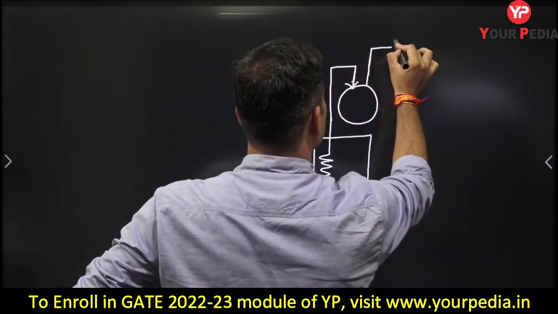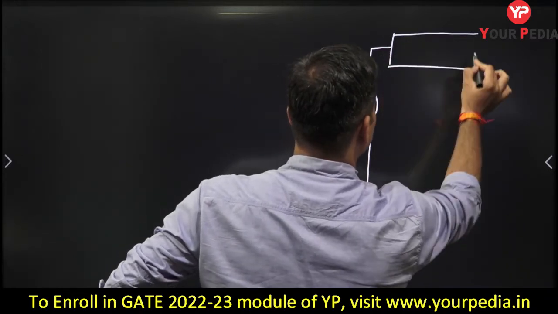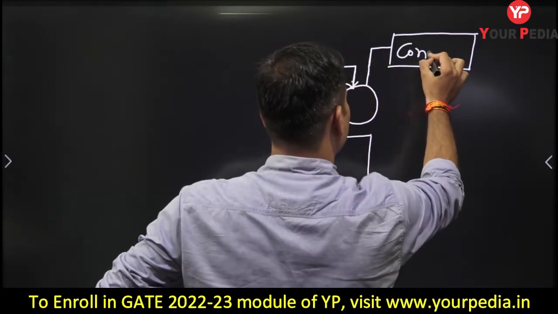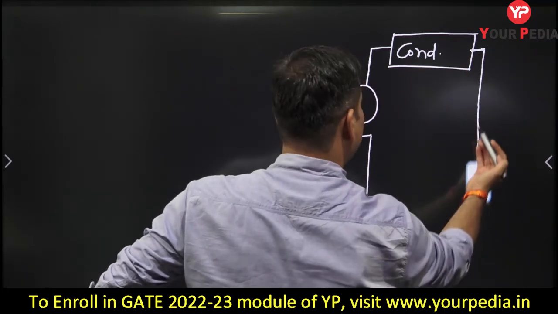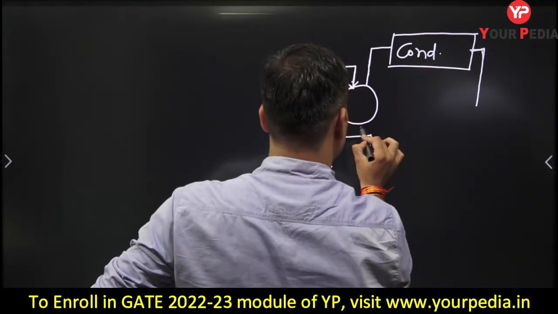So this is the condenser, and again the condenser. After the condenser, the refrigerant will enter into the heat exchanger.